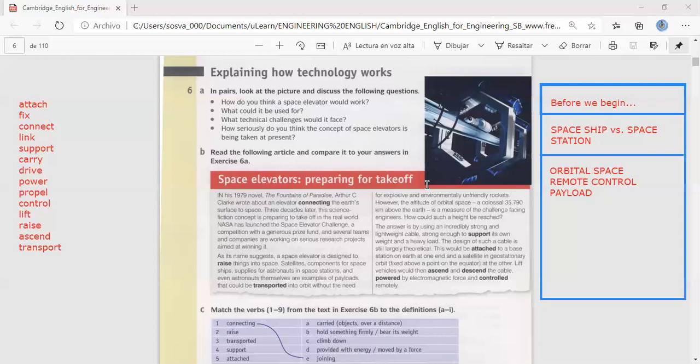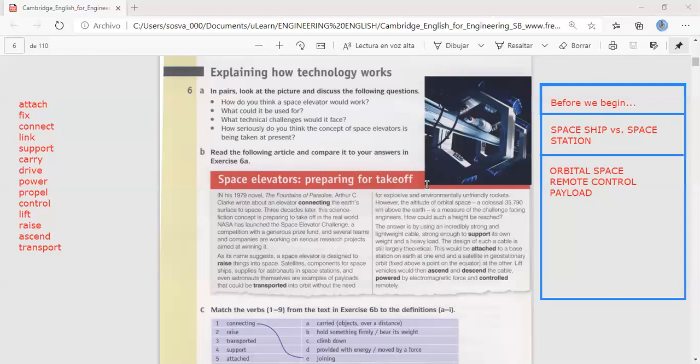The answer is by using an incredibly strong and lightweight cable, strong enough to support its own weight and a heavy load. The design of such a cable is still largely theoretical.